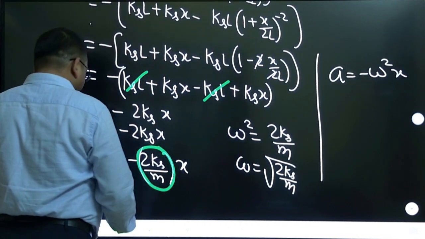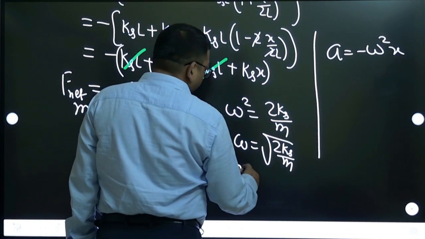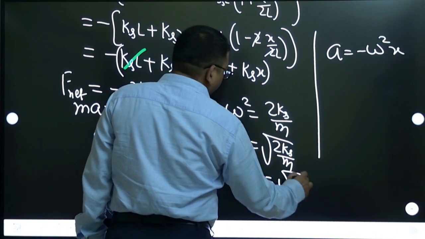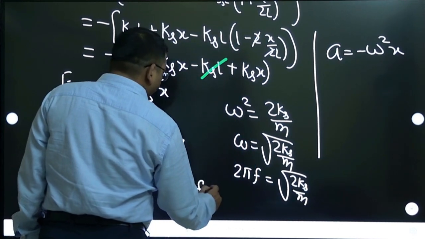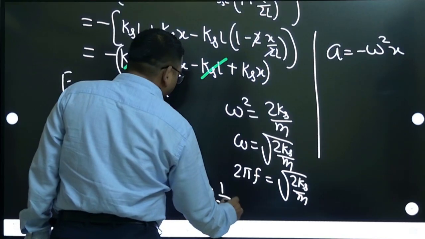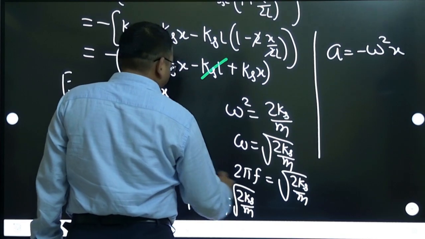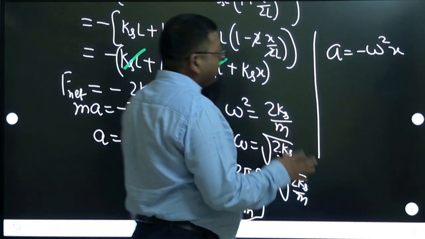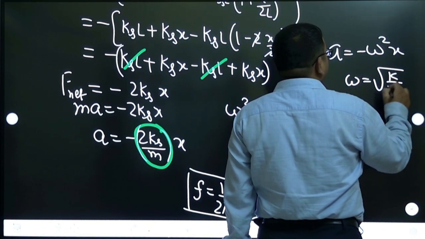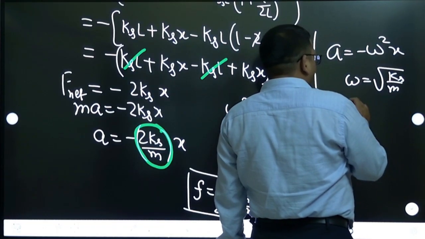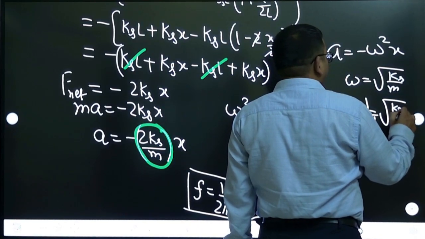If you want frequency, omega is 2 pi into frequency, so linear frequency is 1 by 2 pi root under 2 spring constant by mass. Normally in SHM, omega is root under K by m, and frequency is 1 by 2 pi root under Ks by mass.